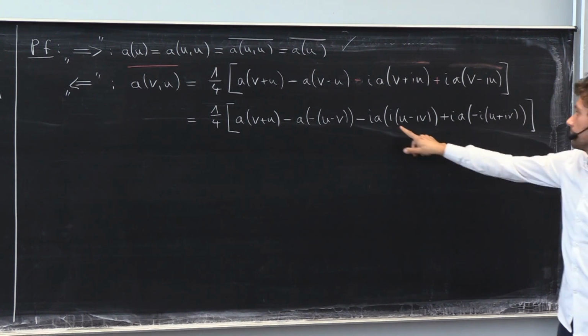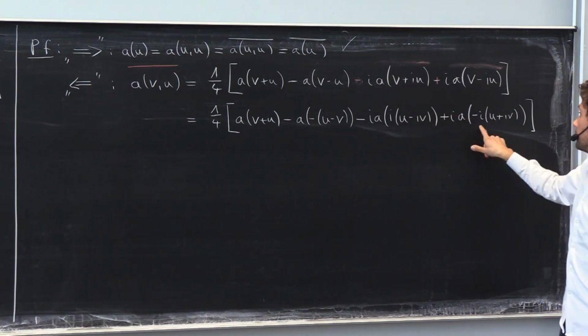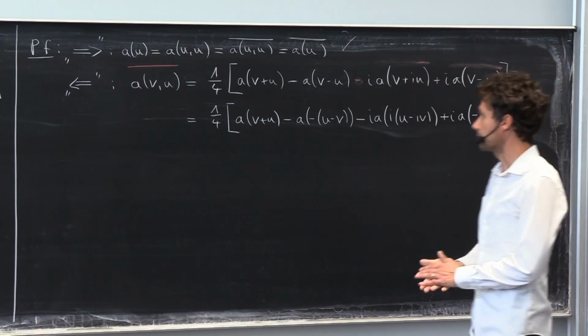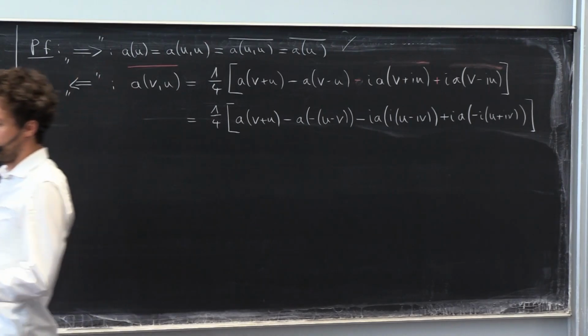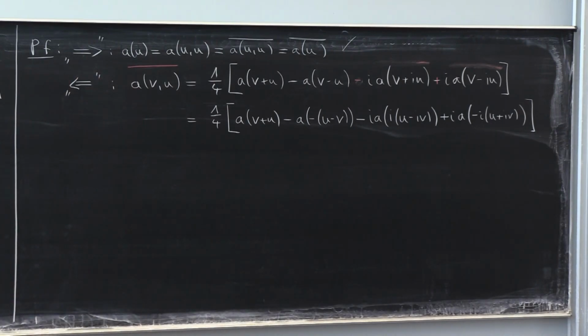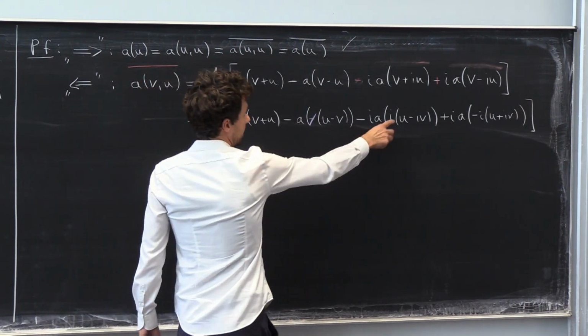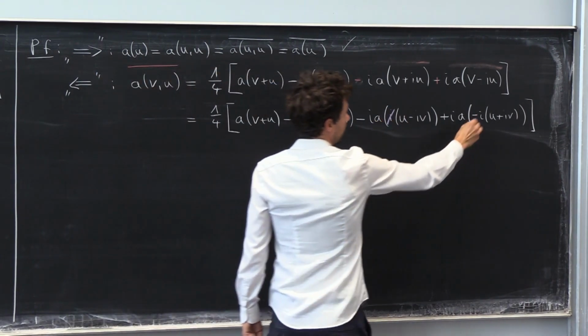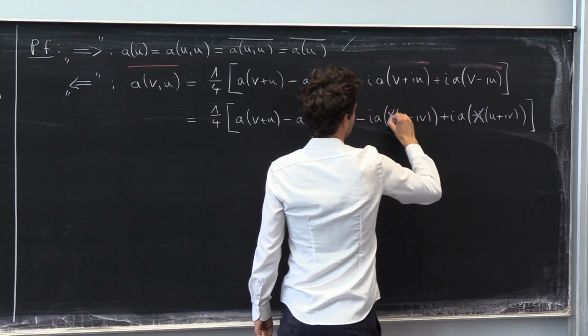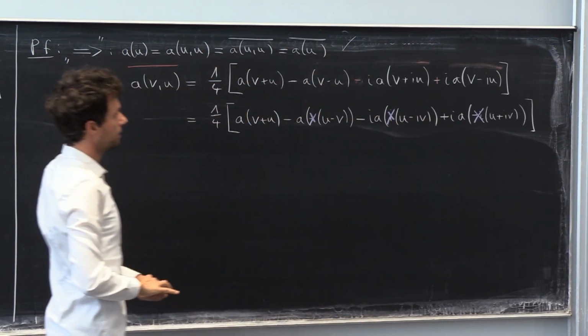Okay, you see, i times i gives plus. Okay, so that should be correct. But then I'm working with a quadratic form. Okay, so the minus sign just goes out and doesn't do anything. The i doesn't do anything. The minus i doesn't do anything. So these factors all go away.